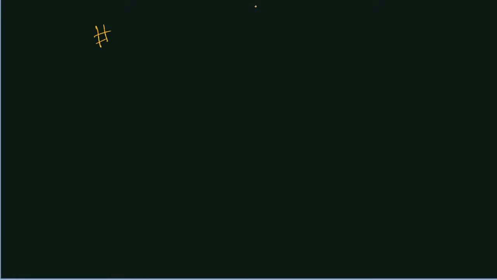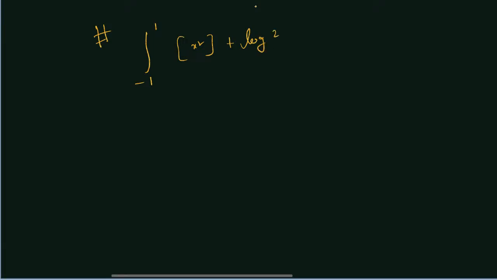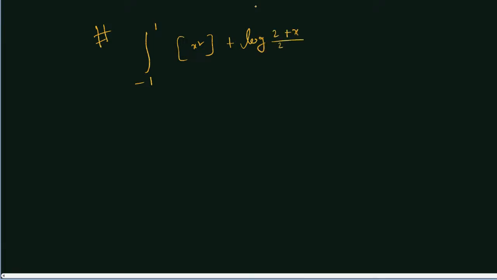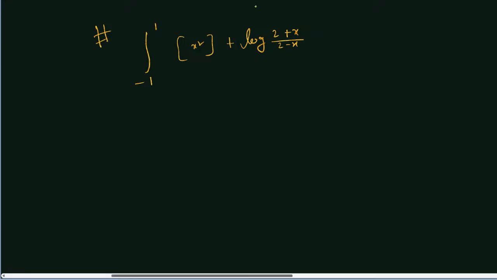The first sum I am asking here: minus 1 to 1 modulo x square plus log. So this will help you to solve two integrations actually. That's why I have chosen this sum.